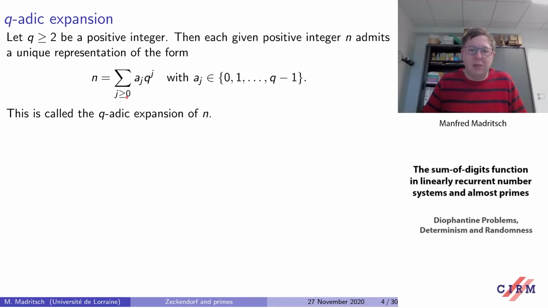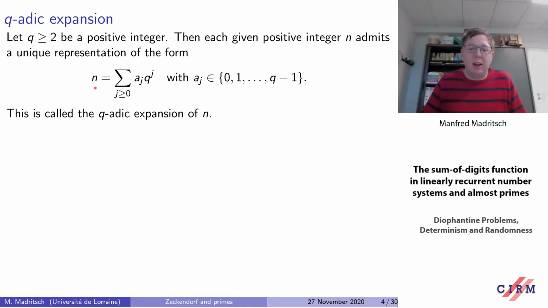Here I didn't say that this sum should stop, but it is clear that at a certain point the powers are larger than n, and so the digits must be 0 from that point on. So this is a unique representation, and we call it the q-adic expansion of the positive integer n.